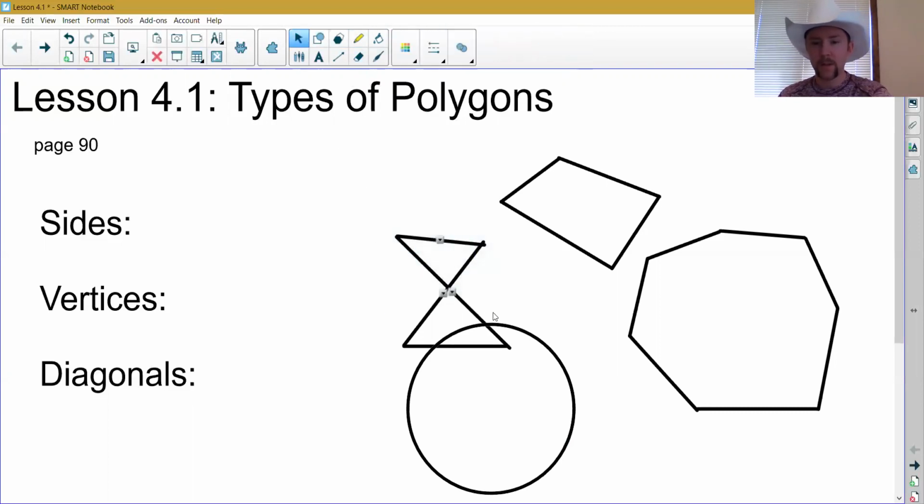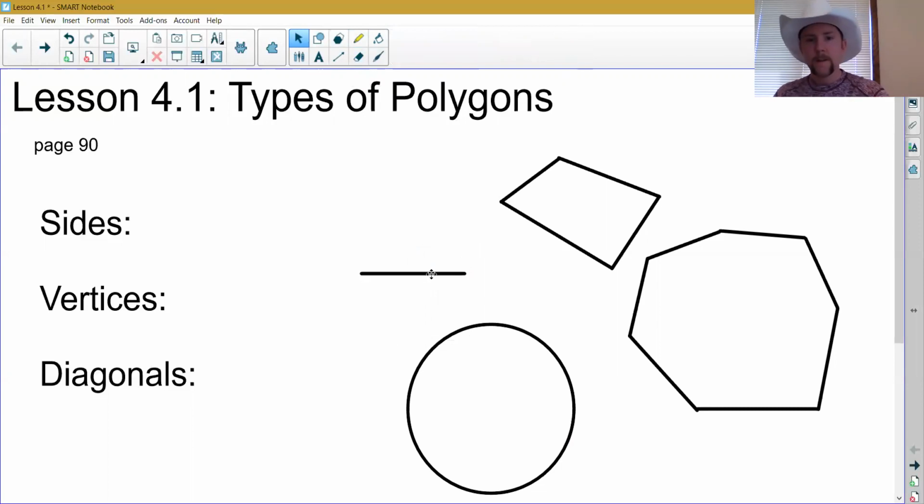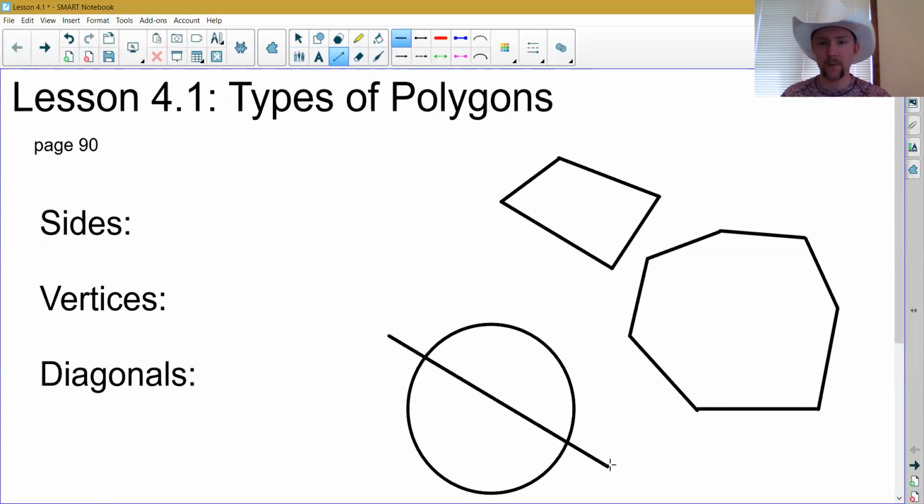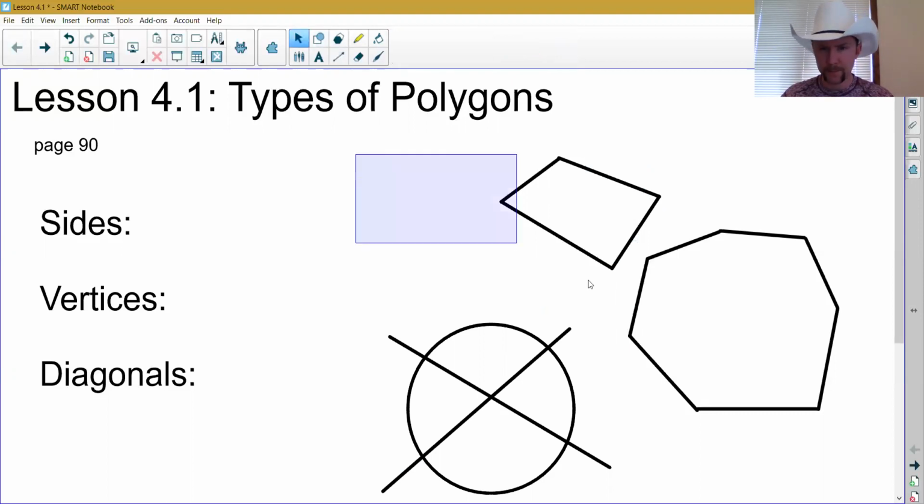Okay, a circle's not a polygon because it's not made up of straight line sides. Okay, it's a curve, right? So this is not a polygon either. So a circle does not count, but anything that's two-dimensional and is a bunch of sides that come back and close up where it started, okay, those are what we consider polygons.